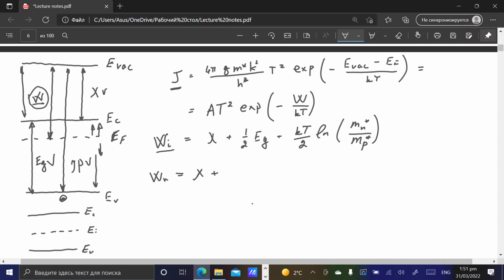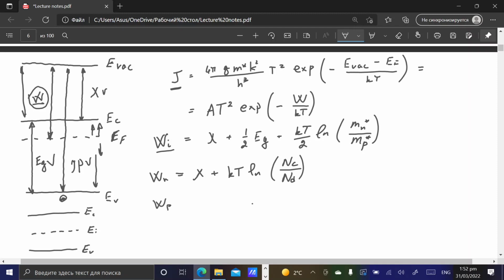So in that case we should put kT times natural logarithm of NC, the effective density of states, divided by ND. ND stands for the concentration of acceptor type doping centers. Obviously here we assume that all these n-type doping centers are thermally activated at a given temperature, so all of them contribute to the doping of the semiconductor material.